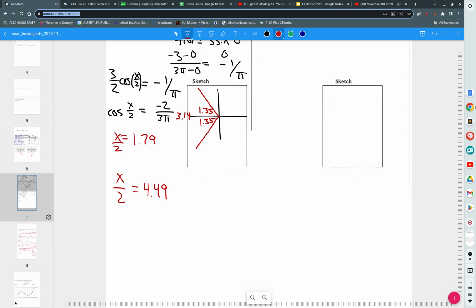So what do I still have to do to these values? Multiply them by 2. As I multiply by 2, I get x is equal to, the first one will be 3.58. And then the next one will be 8.98.